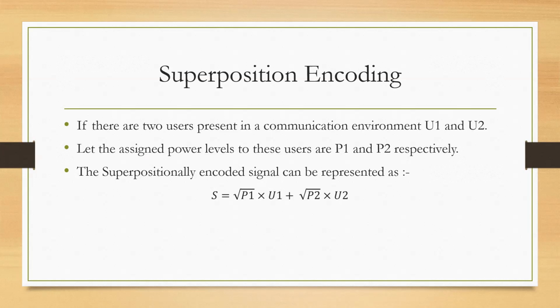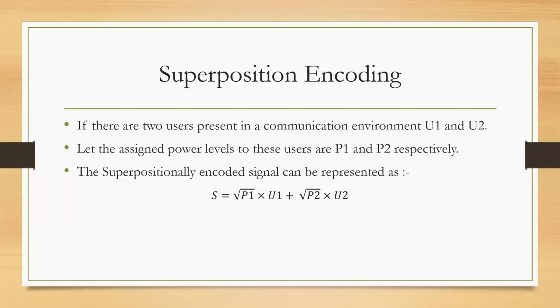Now, these power levels P1 and P2 can be directly multiplied to their signals, and the amplitude of these signals will then be changed according to their power levels.